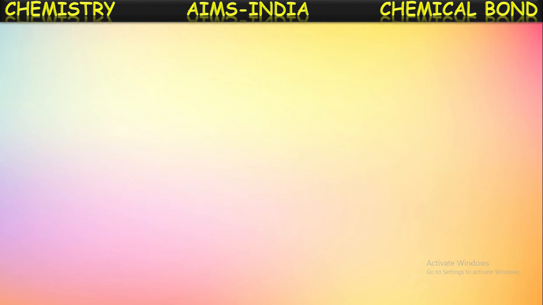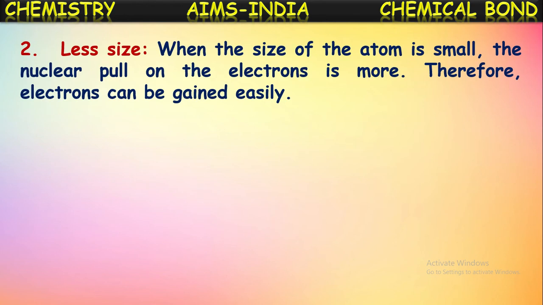Next property of acceptors is a lesser size. We told for cations to be formed, they should have greater size because there the distance between the nucleus and the outermost electrons will be greater and hence they can release electrons easily and form cations. But in the case of anions or acceptors, the size should be smaller. When the size of the atom is small, the nuclear pull on the electrons is more.